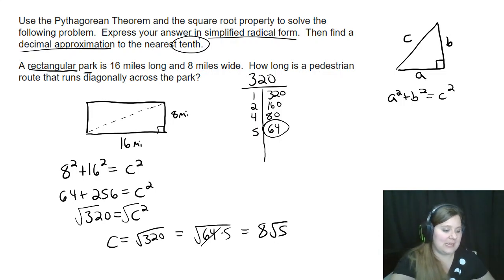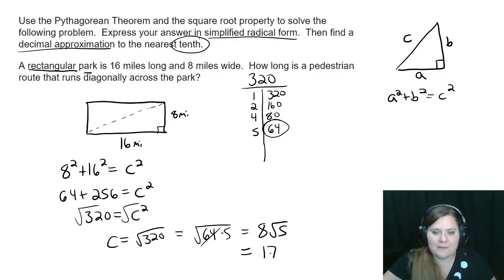Now we're going to type that into our calculator to get a decimal approximation. When we do that, we get 17.8885, but it says to round to the nearest tenth. The nearest tenth means this spot here.